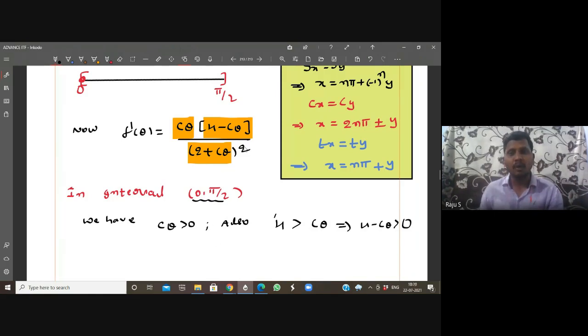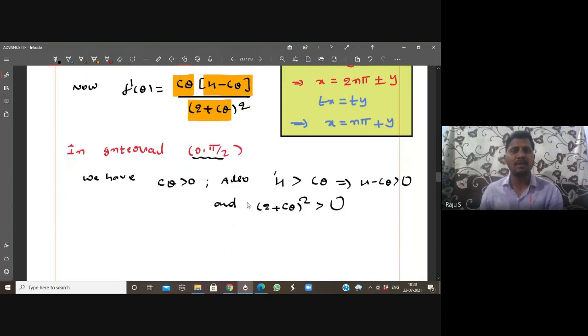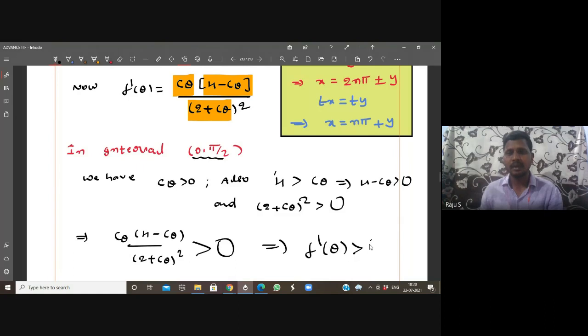The denominator has a whole square, so 2 plus cos theta whole square is always greater than 0. Overall, the numerator is greater than 0 and the denominator is greater than 0, which implies cos theta into 4 minus cos theta by 2 plus cos theta the whole square is greater than 0.